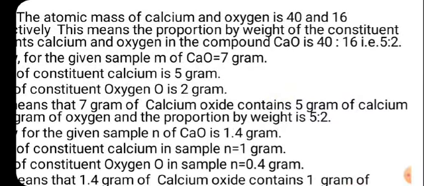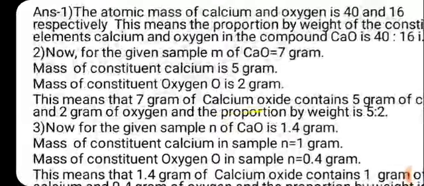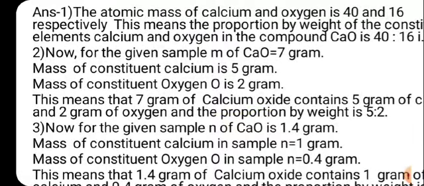When we calculate the ratio by considering atomic mass of calcium and oxygen, it comes to be 5 is to 2. And from the given sample, calcium has mass 5 gram and oxygen has mass 2 gram.